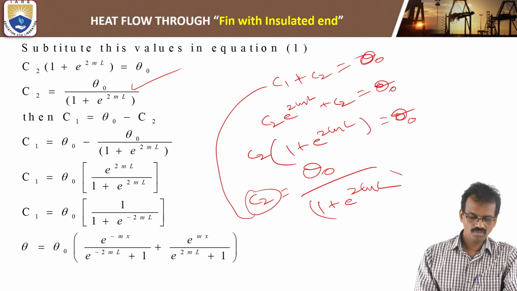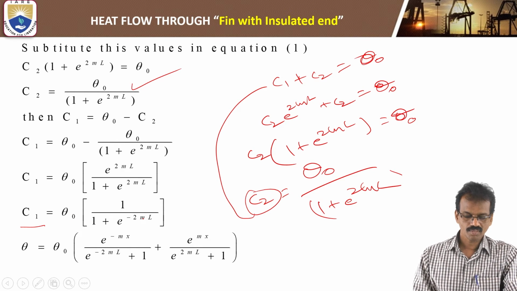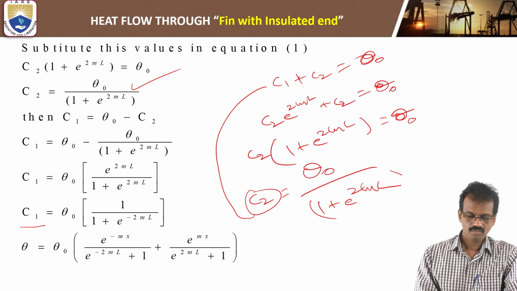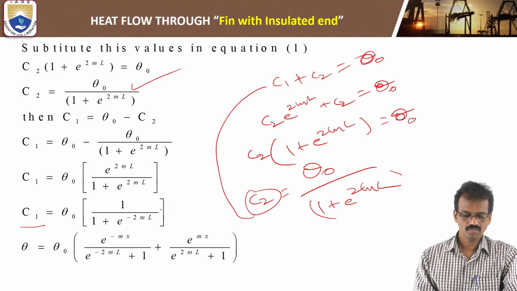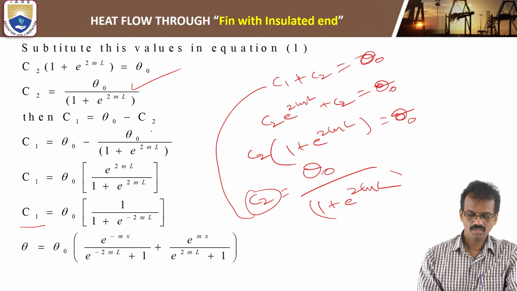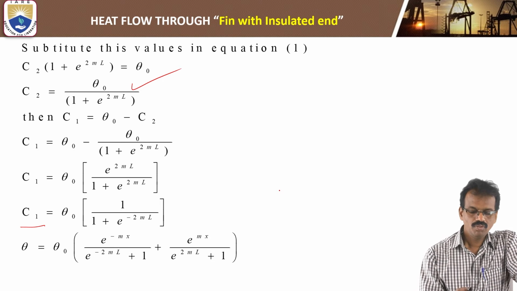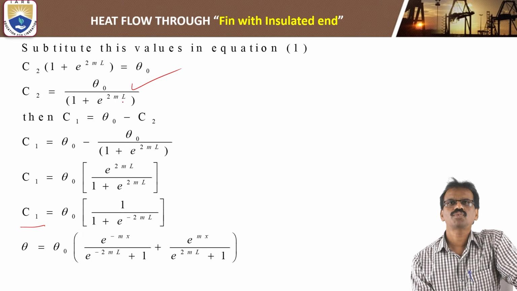Then c1 is equal to theta naught into 1 by 1 plus e to the power of minus 2ml. So here we got the c2 value: c2 is equal to theta naught by 1 plus e to the power of 2ml.